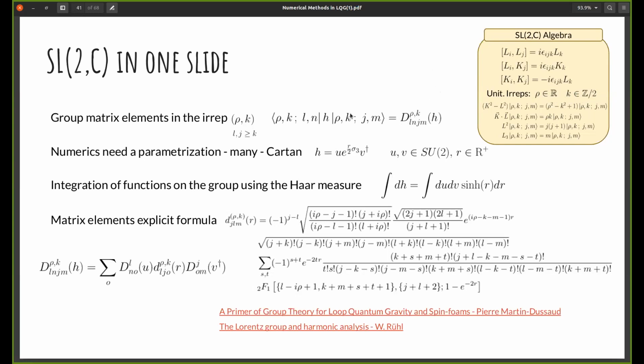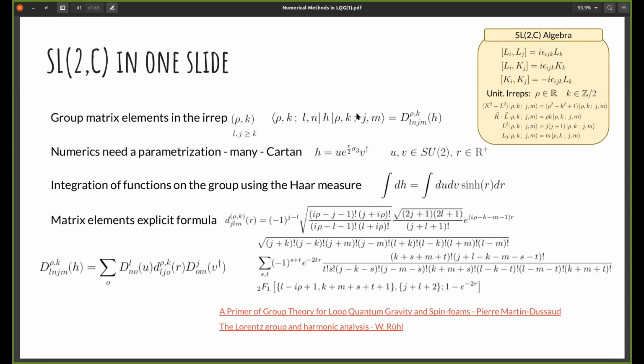Okay, so the matrix elements, exactly as the Wigner matrices for SU(2), are given by SL(2,C) matrix elements. But now, in the representation labeled by rho and k, you can pick a basis that diagonalizes a particular generator. Let's not get into that too much, but it is labeled by an SU(2) representation, J, and the magnetic index M, with the usual SU(2) numbers.